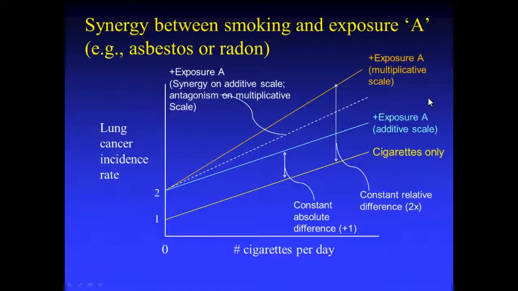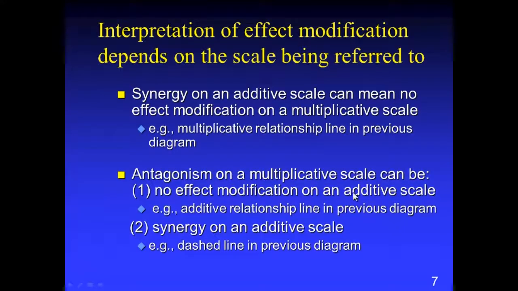So this really illustrates clearly, I think, how important it is to express effect modification, synergy or antagonism in relation to a particular scale. And the next slide really largely sums up what I've just been saying. Synergy on an additive scale can mean no effect modification on a multiplicative scale.